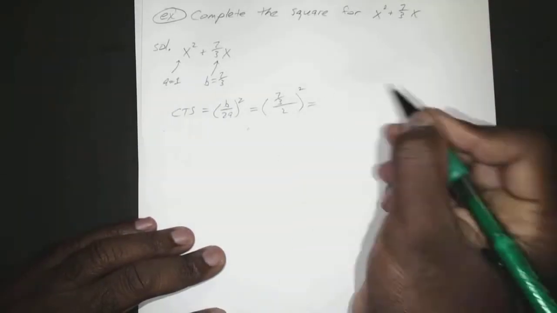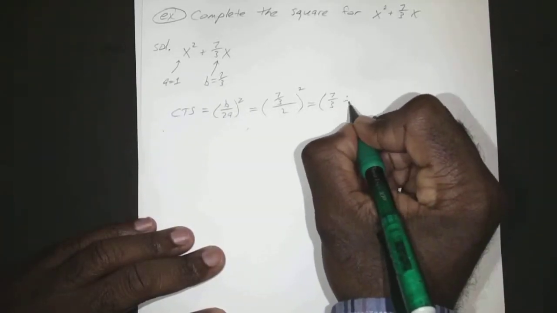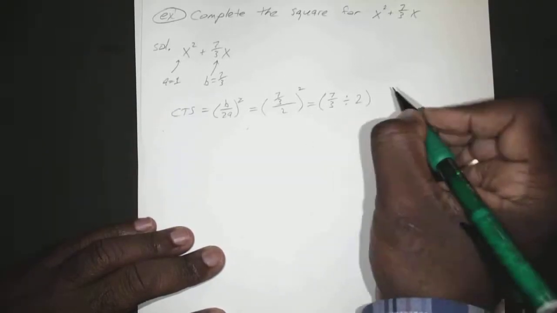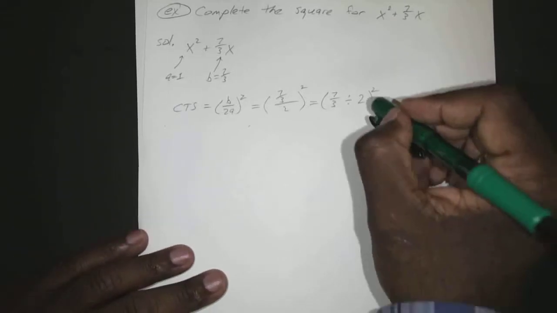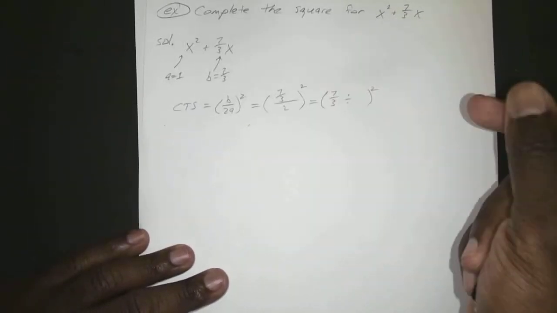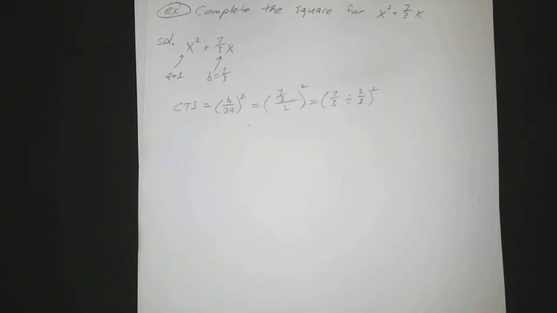What I normally do is I just rewrite it: 7 over 3 divided by 2 squared. Or instead of 2, you can write 2 over 1. Okay, so now we have the division of fractions.